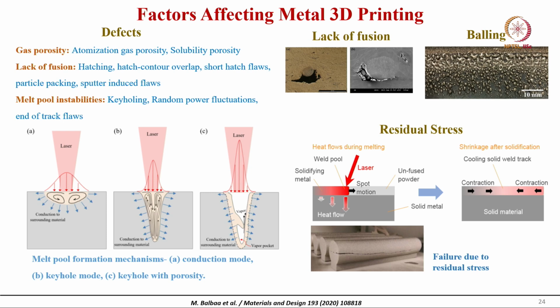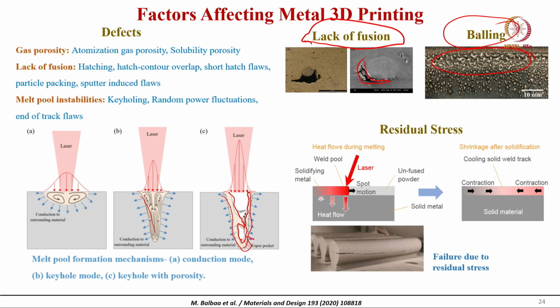In this slide you see the occurrences of different types of defects, like lack of fusion here. Balling, this is also one type of defect. Then keyholing means that due to this Marangoni flow, these keyholes are produced, and in these keyholes there is vapor entrapment, and that means a large elongated porosity is generated.